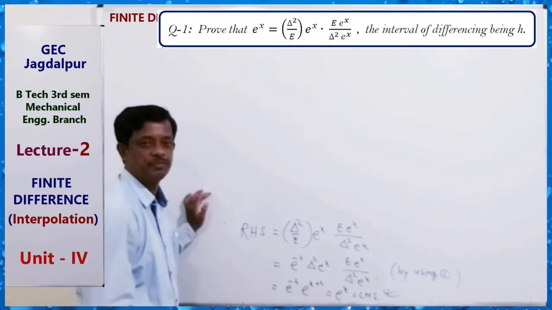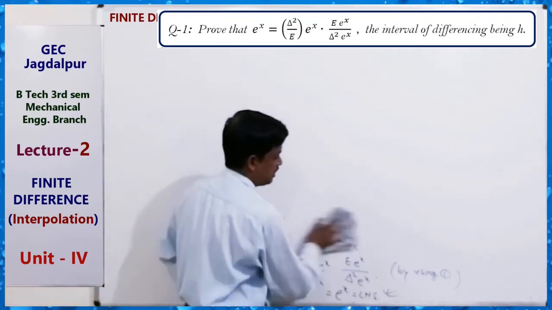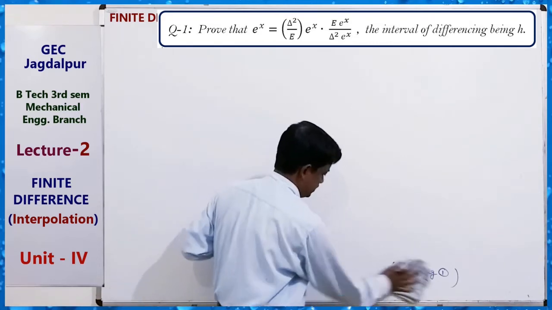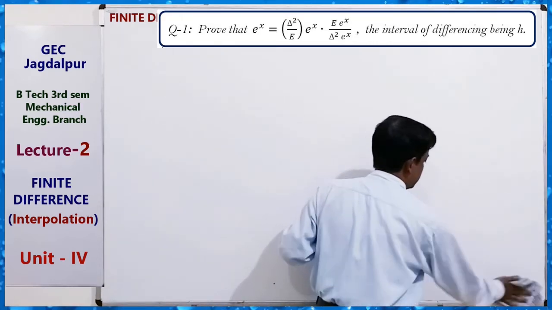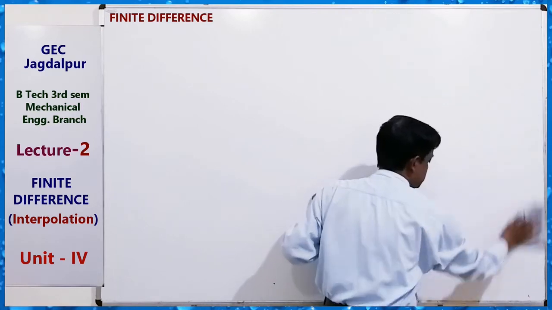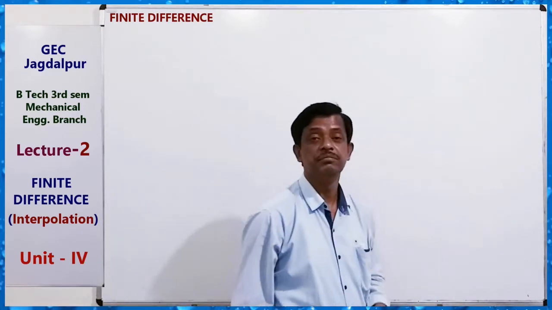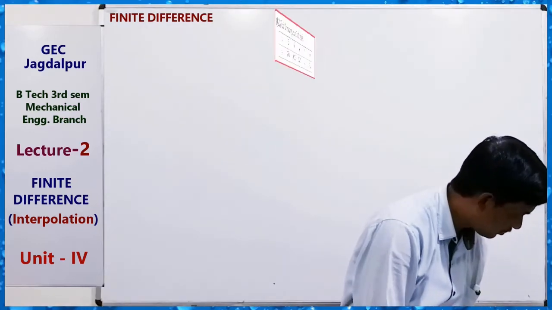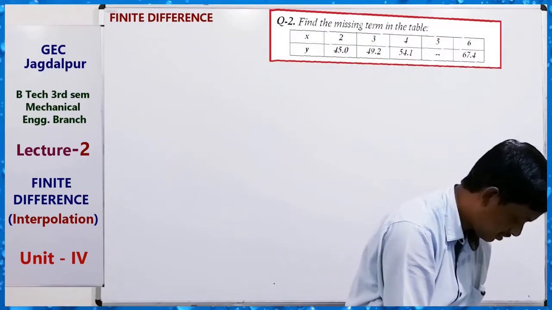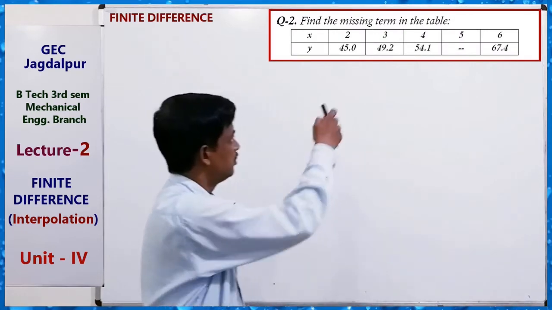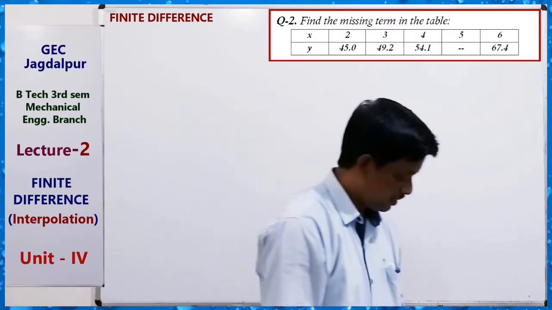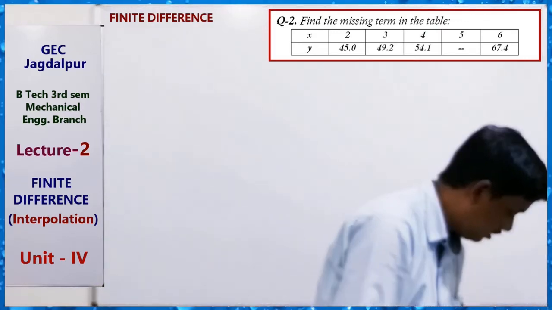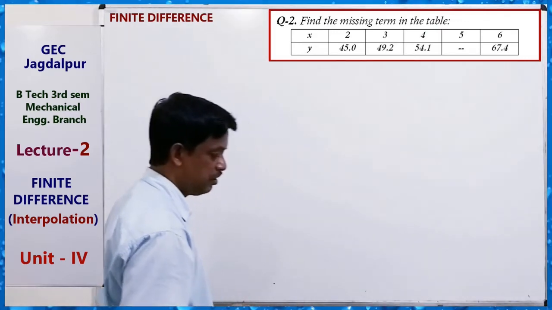Very important questions for finding missing terms. Just see how we can use the relation of these operators for finding missing terms of given data. Take a given question: find the missing term in the table. The values of x are given 2, 3, 4, 5, 6.